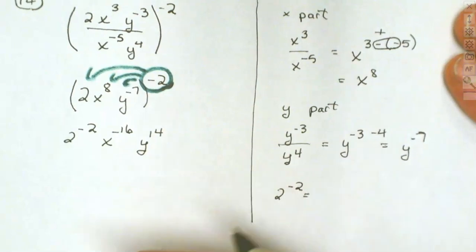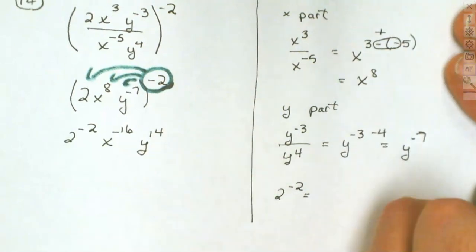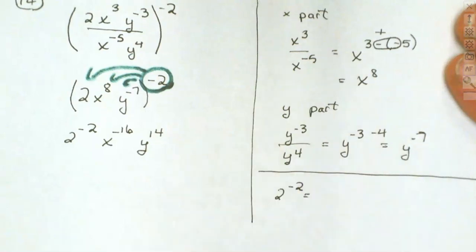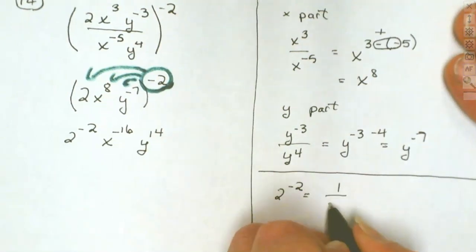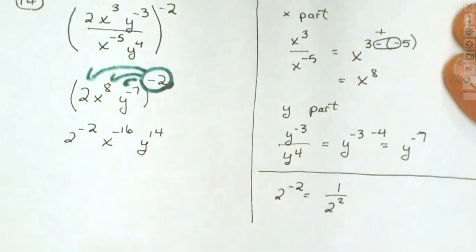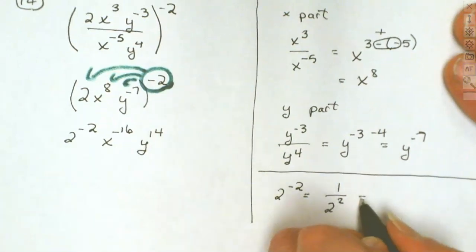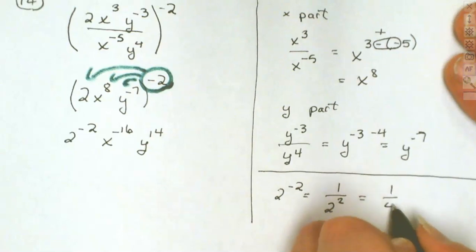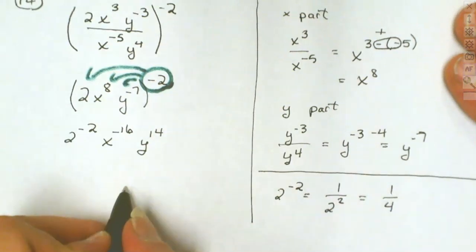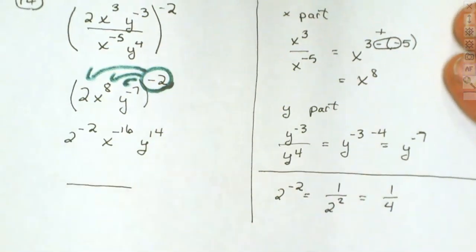We'll do it first. That's the same thing as 1 over 2 squared. And we know that 2 squared is 4. So that's going to come out to be 1 over 4. We don't need the 1, so we'll just put the 4 down below, because that's where that piece went.